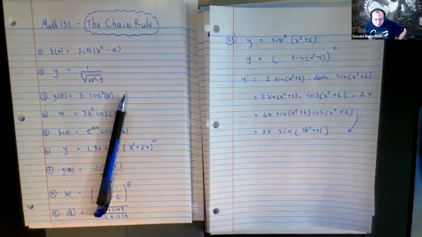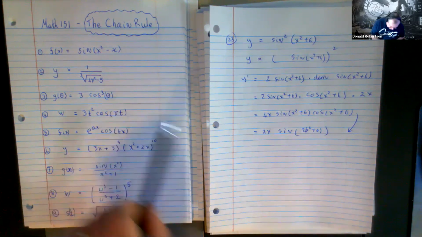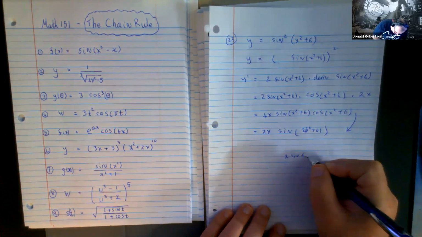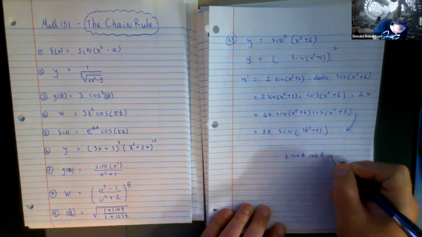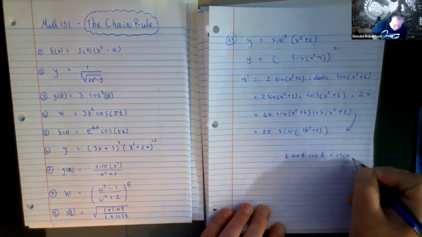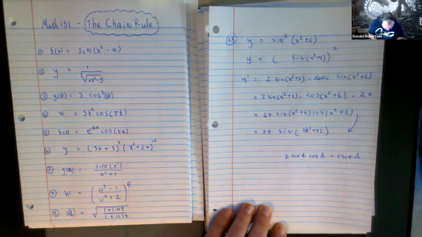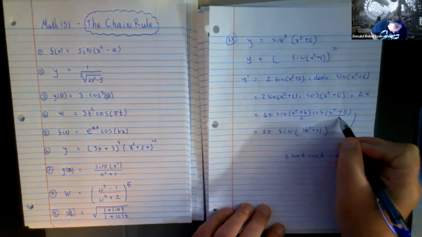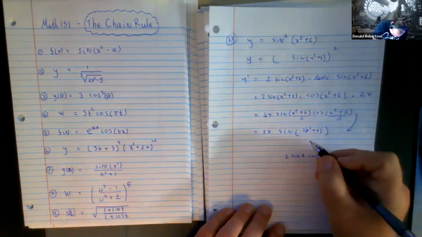Trig identity. Sometimes you can't see the forest for the trees. Isn't 2 sine A cosine A twice the sine of A? Can you think of that as being the A's? Can you see that's a 2A?